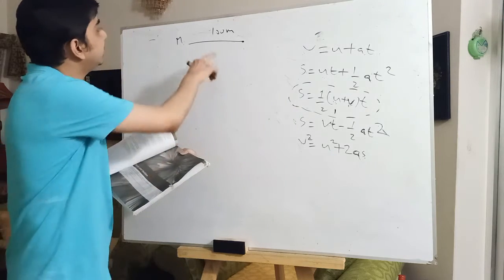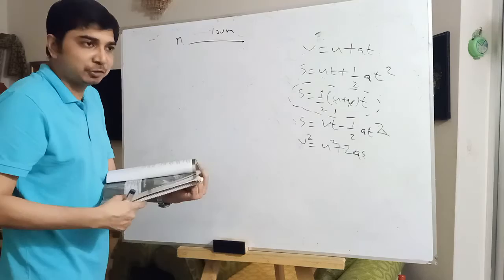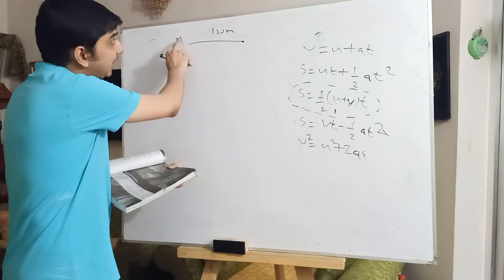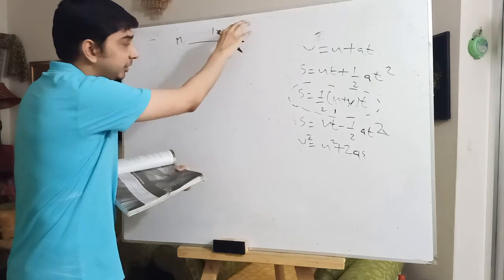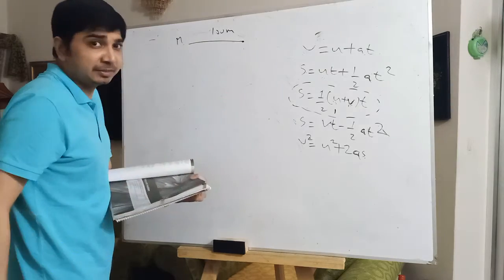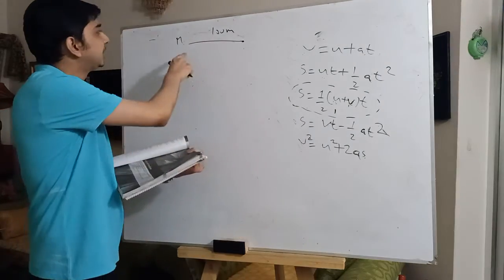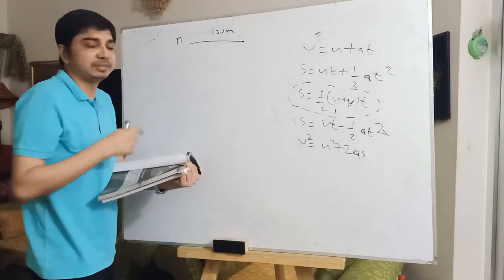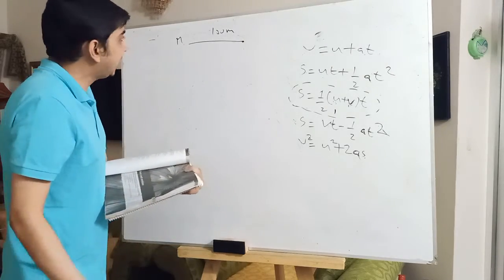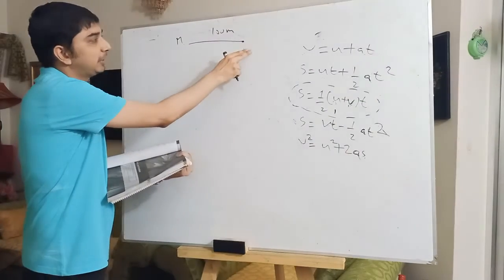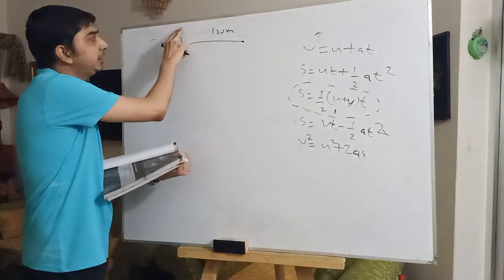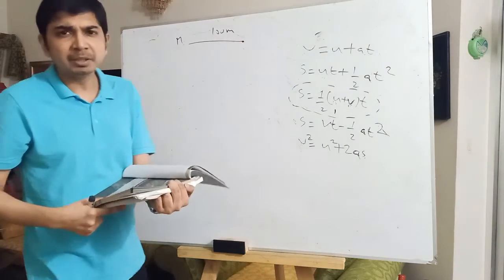Okay. So we want that the man and the bus arrive at the bus stop at the same time. So we're assuming that the man is constantly accelerating through this journey and the bus is constantly decelerating. So for them, the distance traveled from this instant will be the same, 100 meters. And the time taken for the bus to come from here to the bus stop and the man to come from here to here is going to be the same.